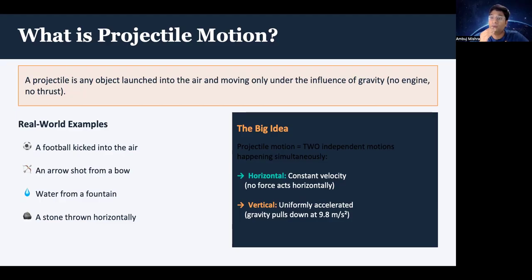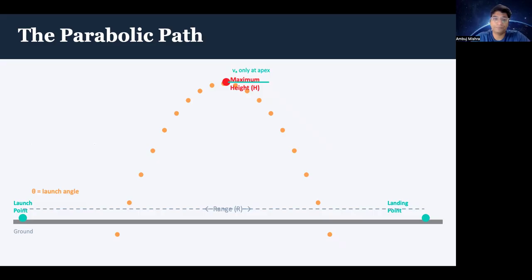Now, the vertical velocity is, of course, under the influence of g, which is under the influence of gravity. So we can treat it as two separate motions. One horizontal with constant velocity with no force acting on it. The other one is vertical with g force acting on it. Keeping these two things in mind, we'll move to the next slide.